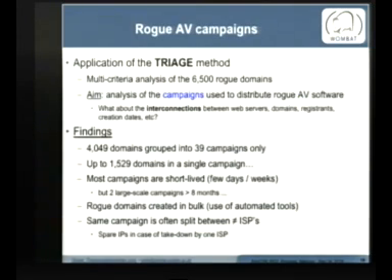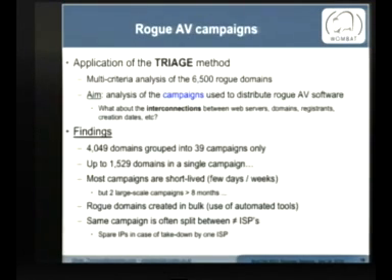So these are our findings. Roughly 4,000 domains could be grouped into only 39 campaigns. We even found one campaign that is made of roughly 1,500 domains. So it means that all those domains were created by the same group of people, with the same modus operandi. Most campaigns are short-lived, a few days or a few weeks, but we found 2 large-scale campaigns that lasted for months, and even one for more than 8 months.